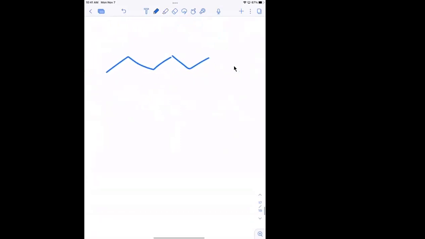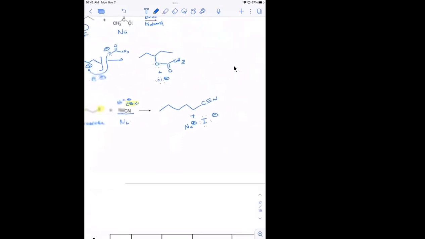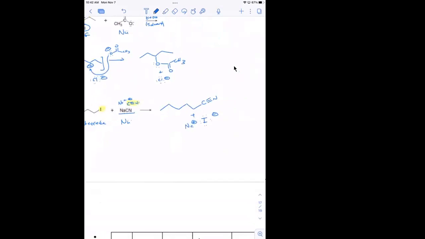Would it be this? Is that right? Didn't we do this example when we were talking about the mechanism, when we were going through the mechanism and pushing arrows? I think we did. Or we did something close to it.